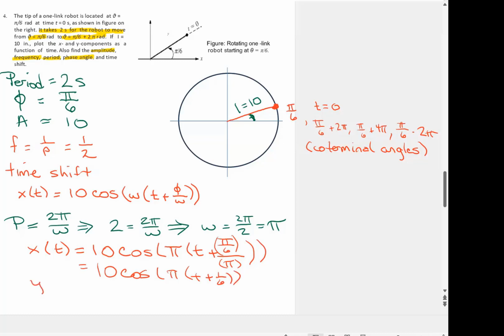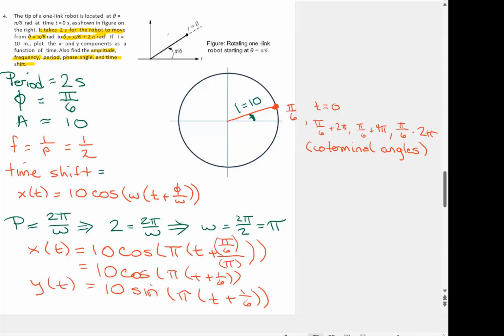And y of t, the y value, is going to be 10 times the sine of pi times t plus 1/6. And now I have my x of t and my y of t, which is what I have to plot.